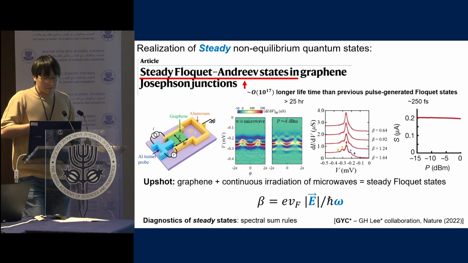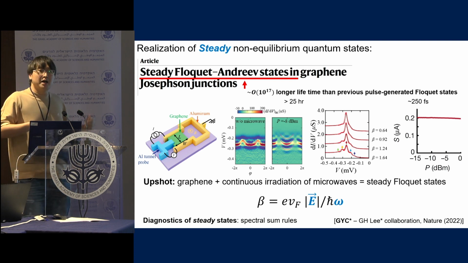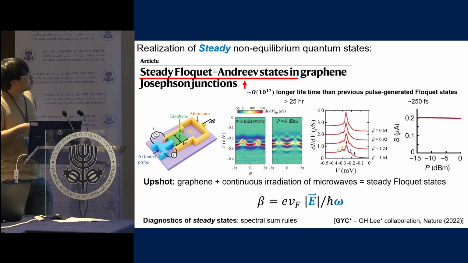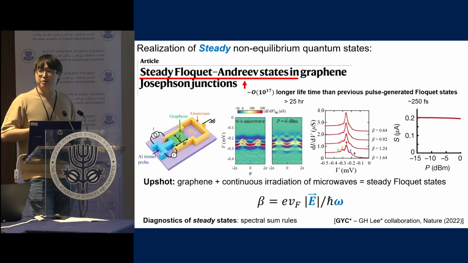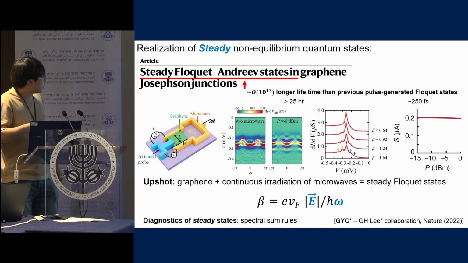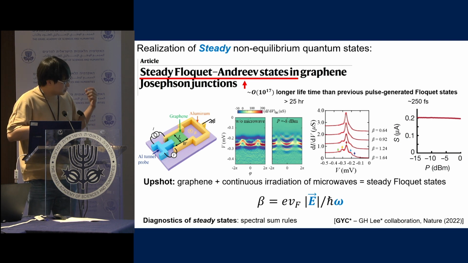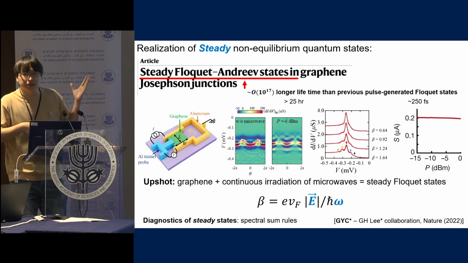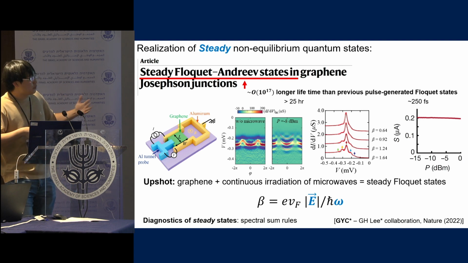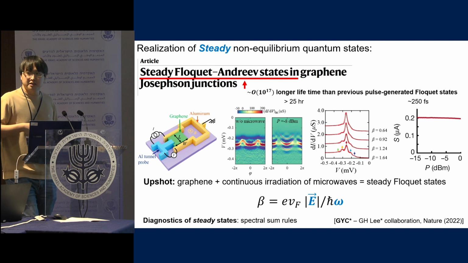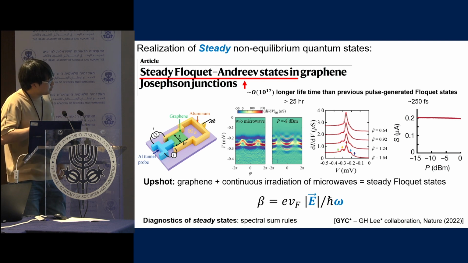But here we used microwaves. We realized Floquet states which survive at least 25 hours. The upshot is that the Floquet state has a coupling constant, which determines how strong the Floquet physics is, and that comes from the amplitude of the electric field divided by frequency.